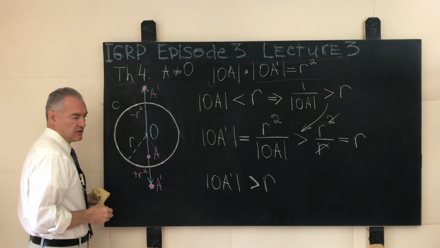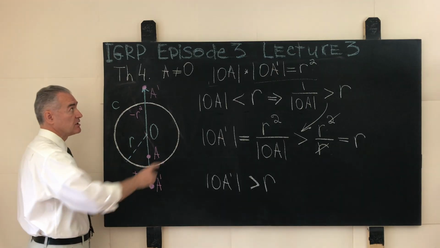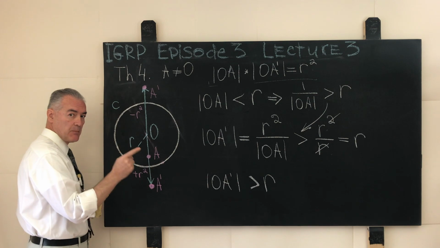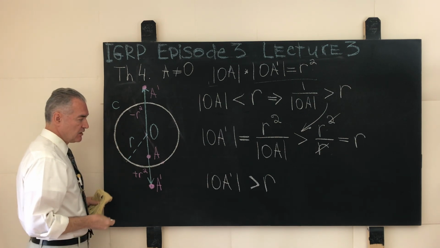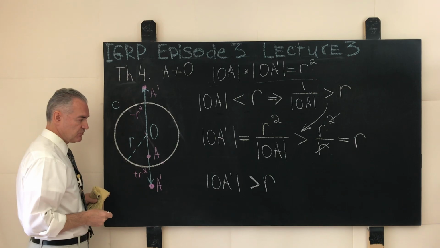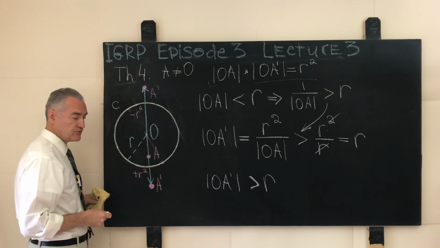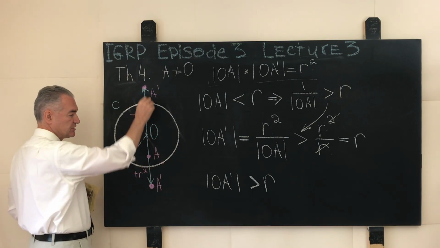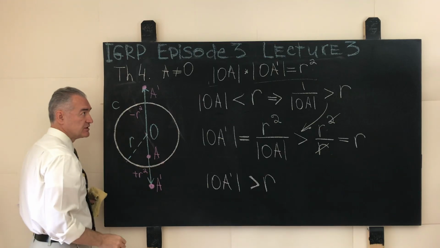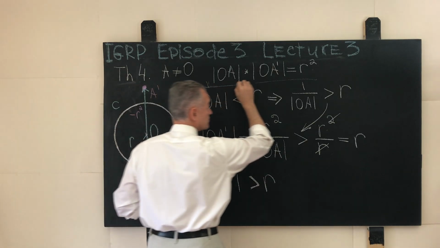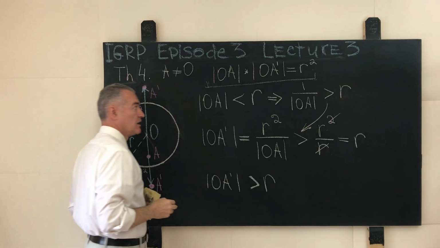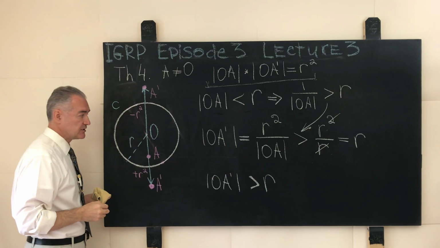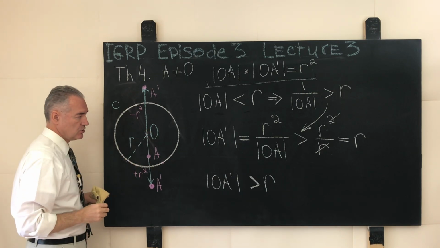And again, remember that this theorem, Theorem 4, applies to inversions with both powers, positive and negative. We now know that the difference between the type of the power of inversion only affects the mutual juxtaposition of the points A and A prime, but it does not affect the algebraic essence of the relationship that ties the distances from these points to the center of inversion.